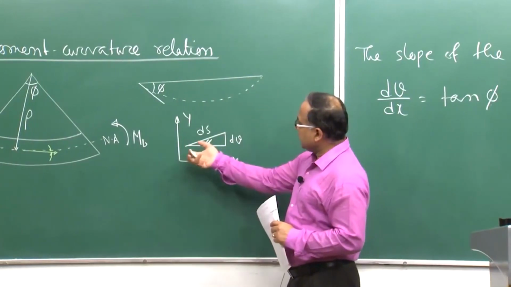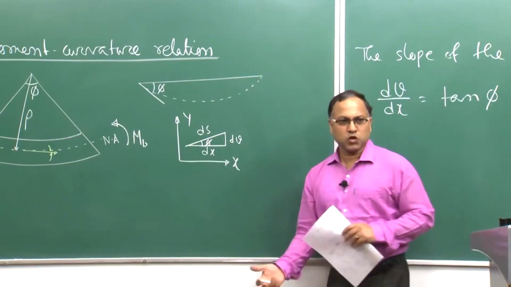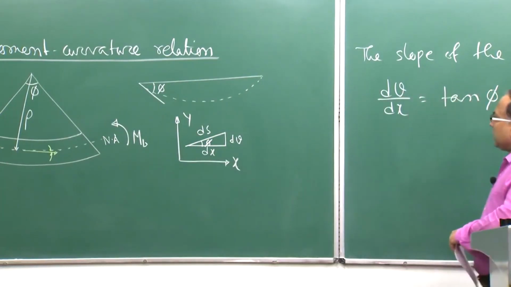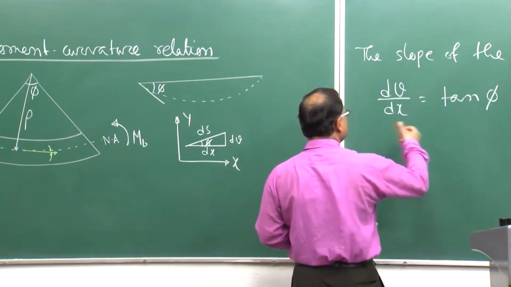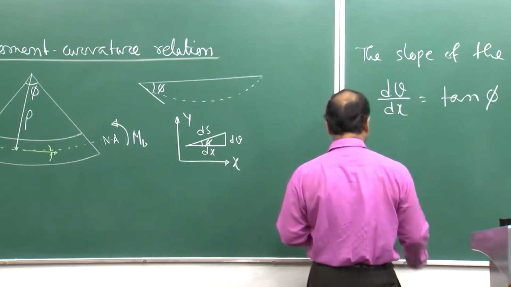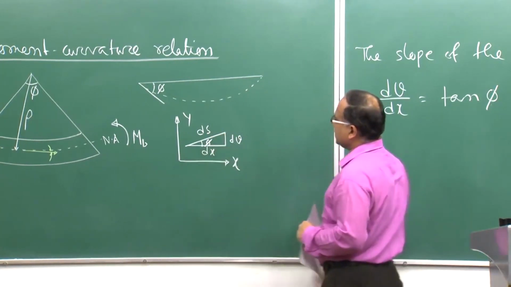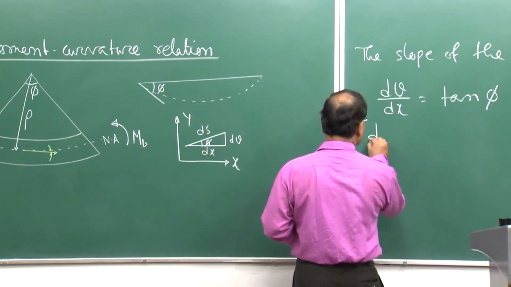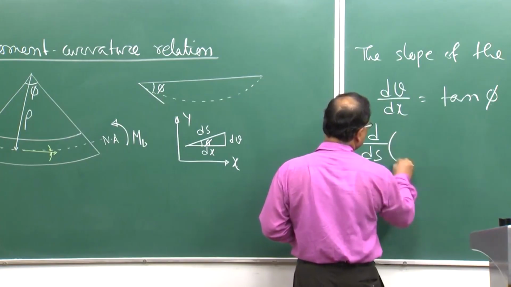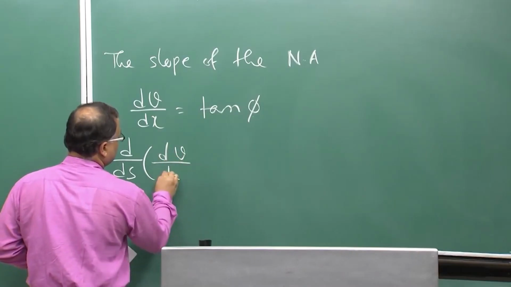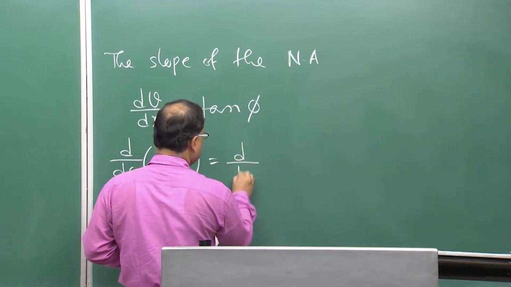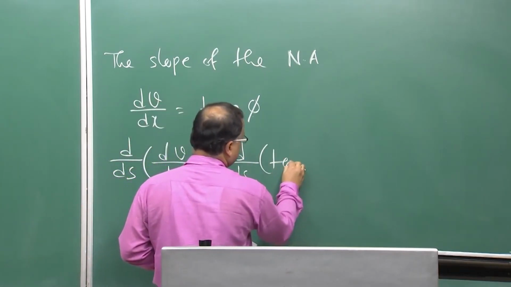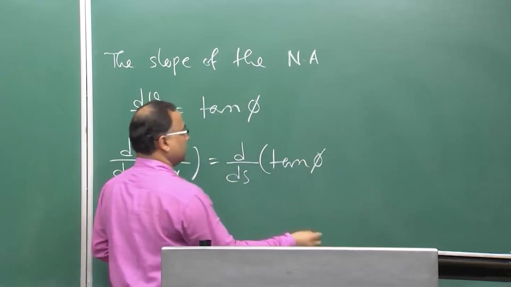So, dV/dx is nothing but the slope of the neutral axis. Now, if I differentiate both sides with respect to the curved length ds, then I can write d/ds of dV/dx equal to d/ds of tan phi.